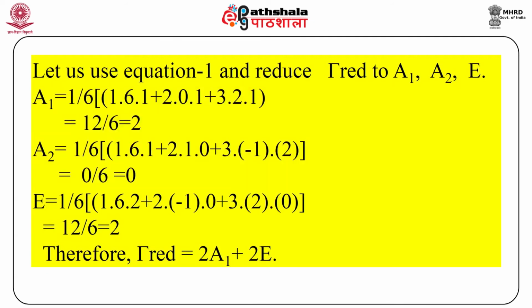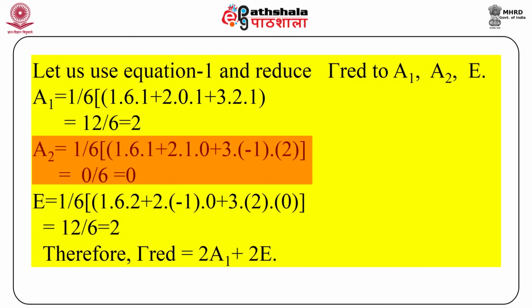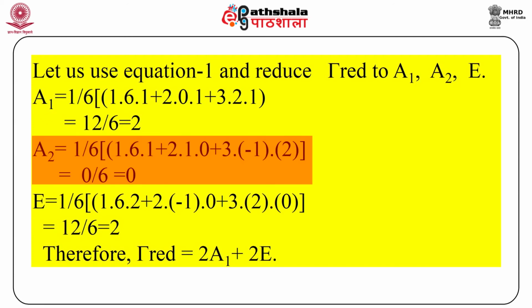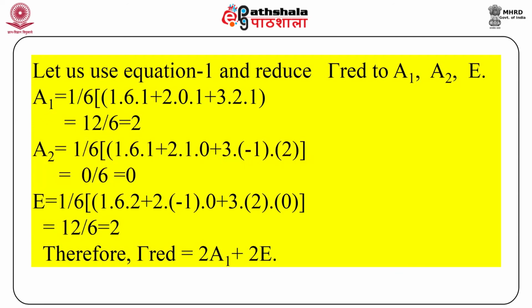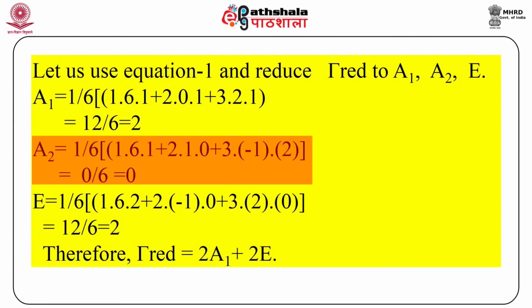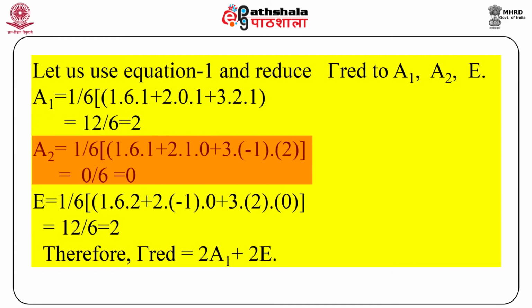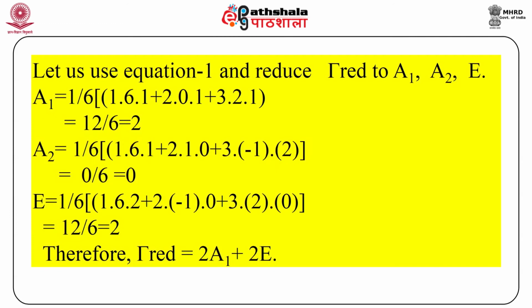For A2: 1 by 6 within bracket (1 into 6 into 1, plus 2 into 1 into 0, plus 3 into minus 1 into 2), that is 0 by 6, equal to 0. That is, there is no A2 present in this reducible representation.